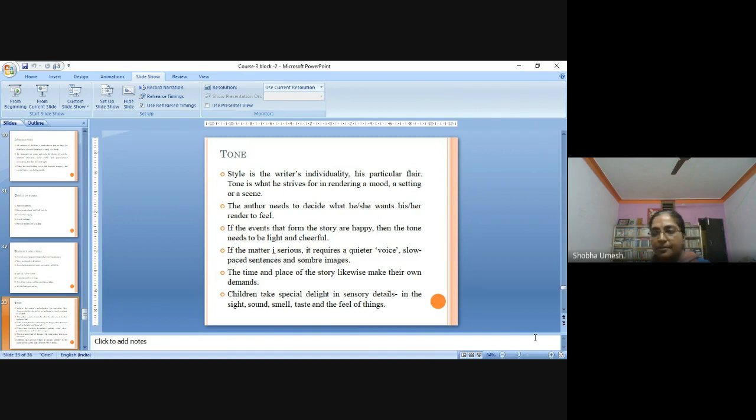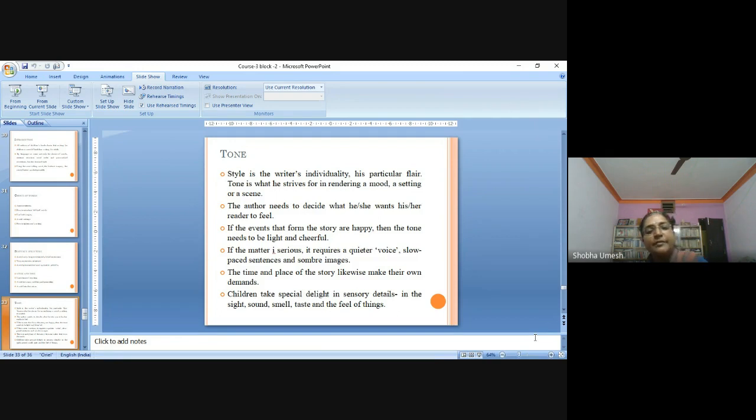So if 5 to 6 people are writing a story with the same theme, their tone undergoes changes because it varies from person to person. And also, the author needs to decide what he or she wants the reader to feel. The first thing is that the author has to decide by himself for whom he is writing, who the reader is, and how he is going to imagine or understand the storyline.